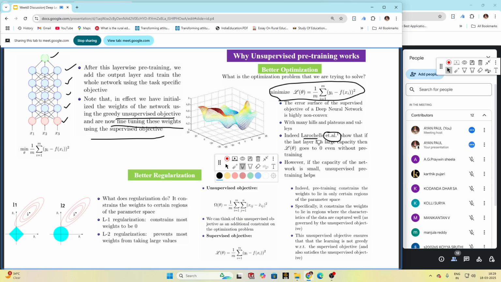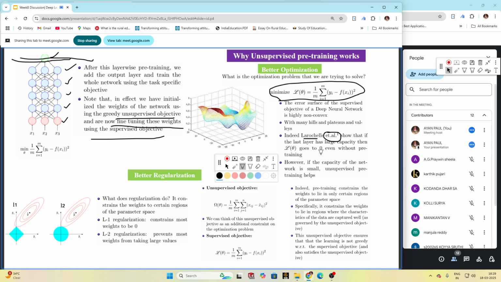The study by Larochelle and others shows that if the last layer has large capacity, then the loss goes to 0 even without pre-training. They gave so many neurons in the last layer, and when they tried without unsupervised pre-training, the loss converged to 0 for them as well.